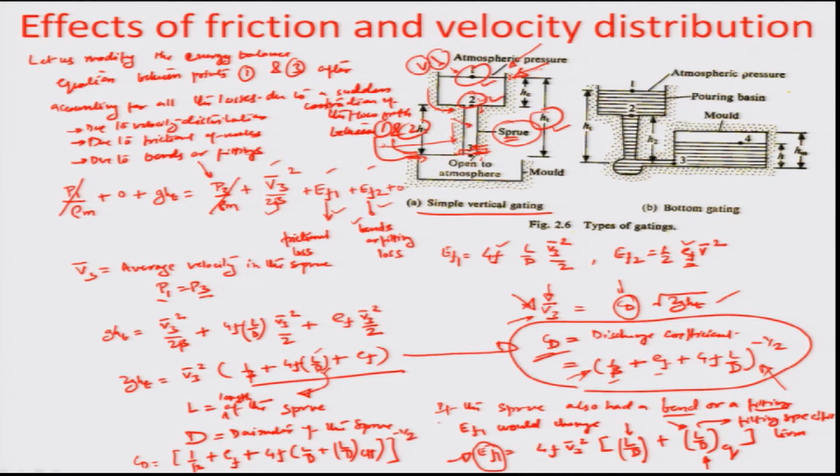And so that is how you typically make the discharge coefficient and iteratively progress to find out the range of the flow, whether it is laminar or turbulent, and then arrive at a certain value of C_d.